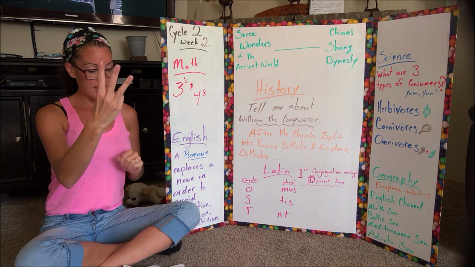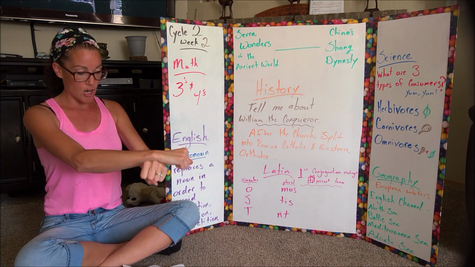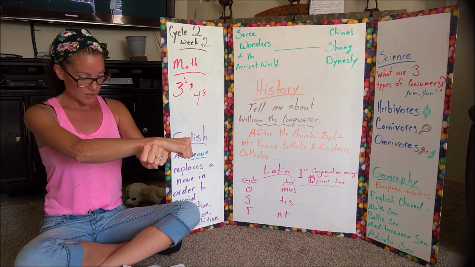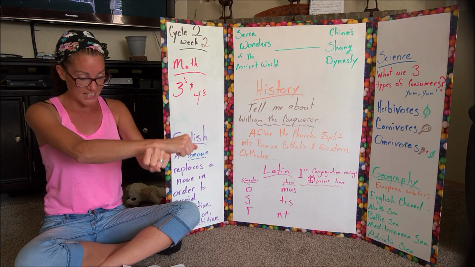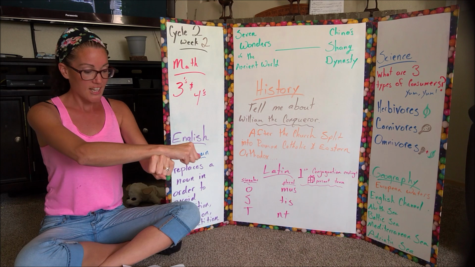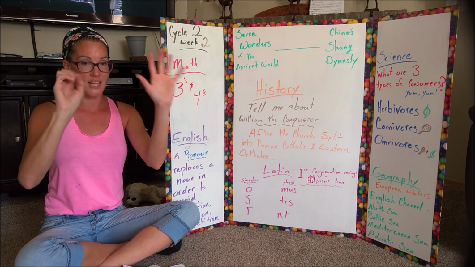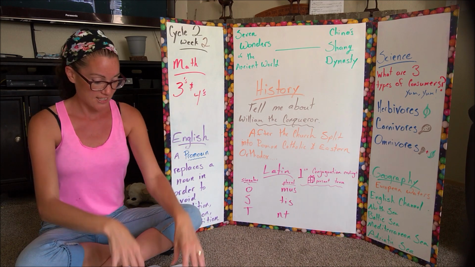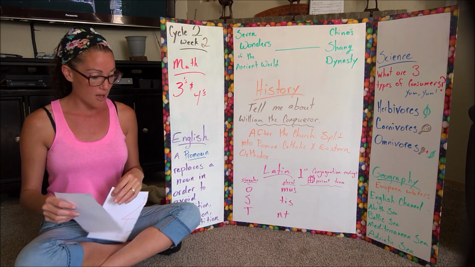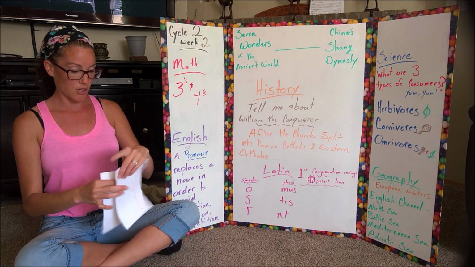Okay, so we got the ASL W for William the Conqueror defeated, so defeating King Harold of England in 1066.